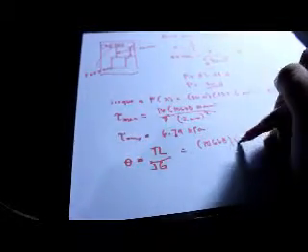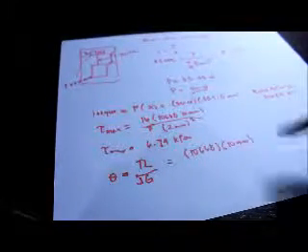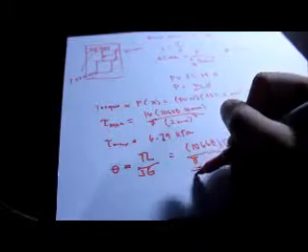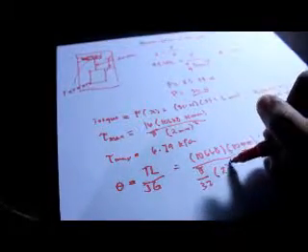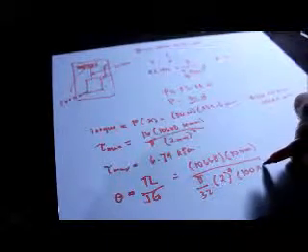For the angle of twist, this equals TL over JG, which is equivalent to 10.668 times 10 millimeters, which is the length, over pi over 32, the length of this rod, the rod of the motor, 2 raised to 4 times 100 times 10 raised to 3.